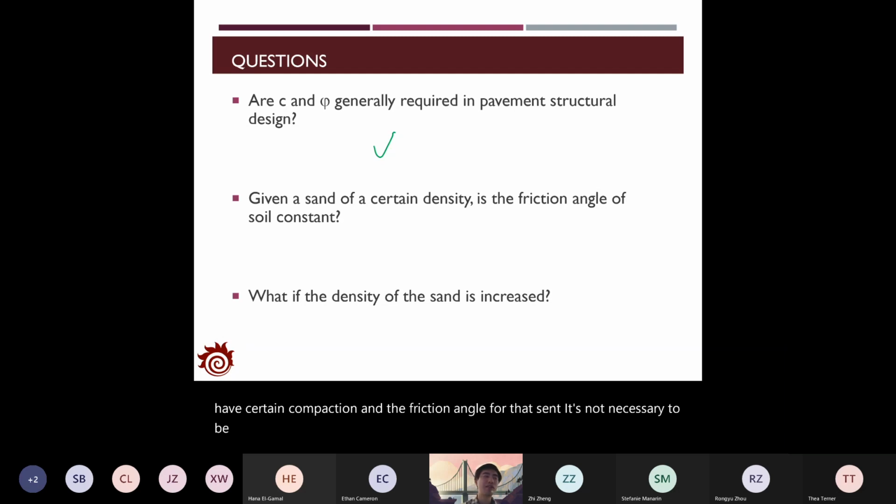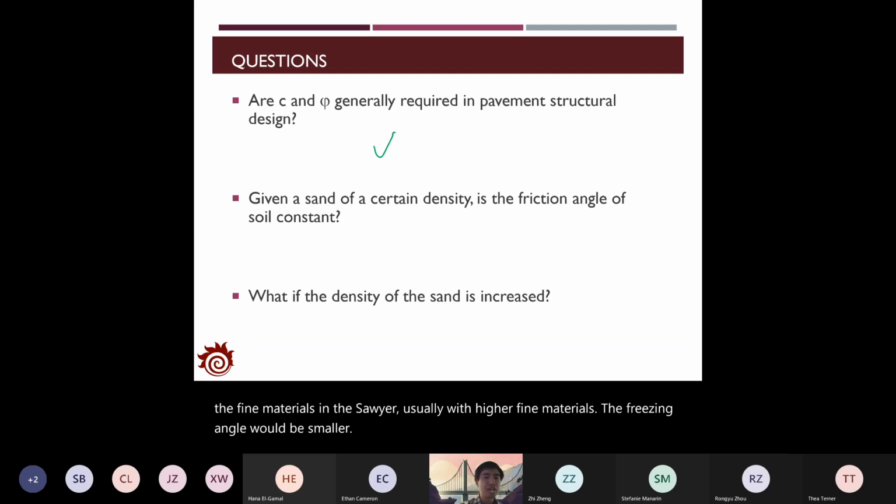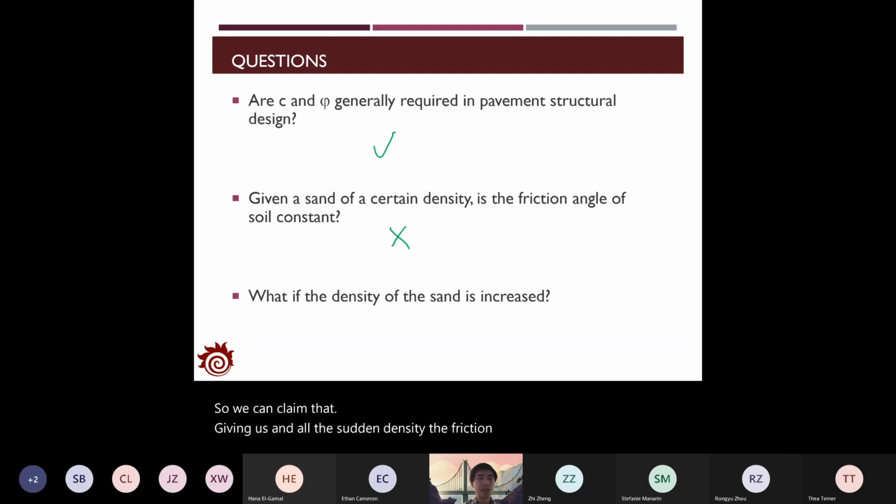It depends on the percentage of fine materials in the soil. Usually with more fine materials, the friction angle would be smaller. So we can claim that given sand of a certain density, the friction angle will not necessarily be constant, and it is still affected by a lot of other factors.